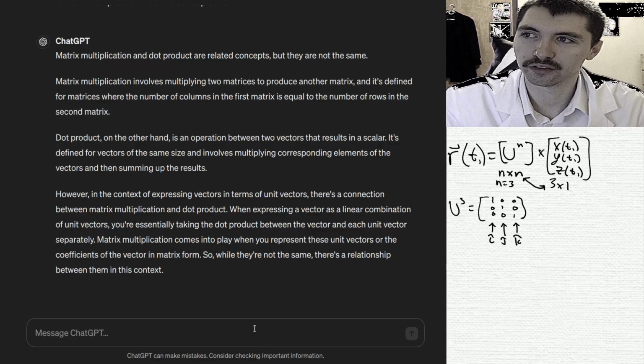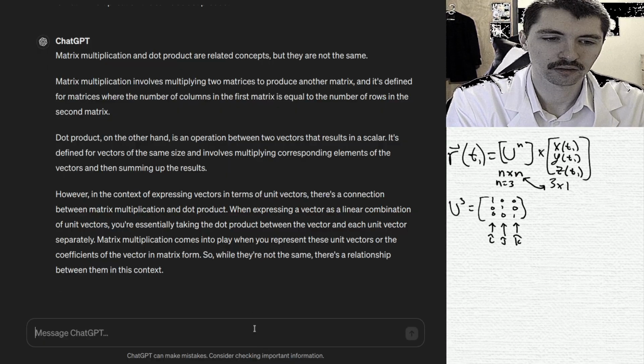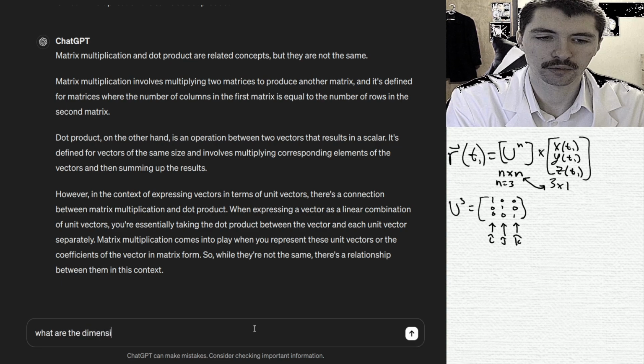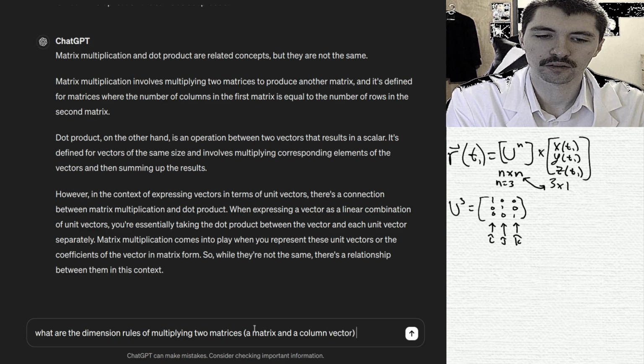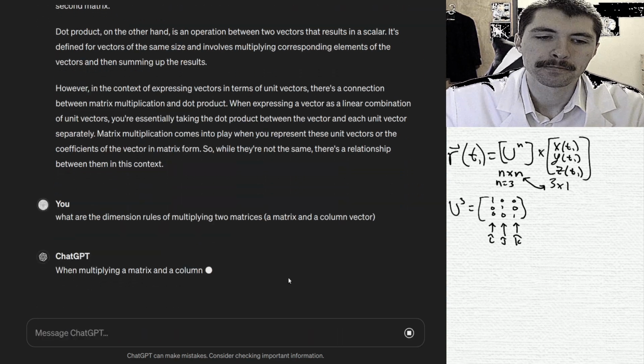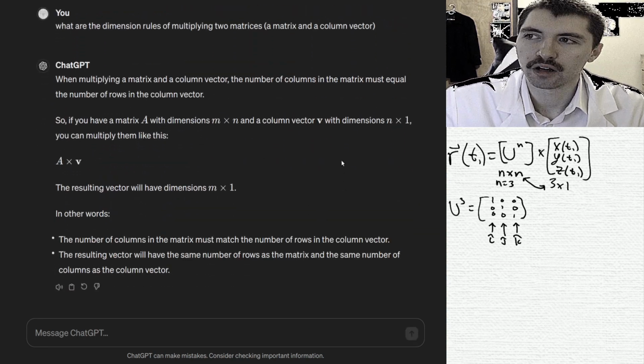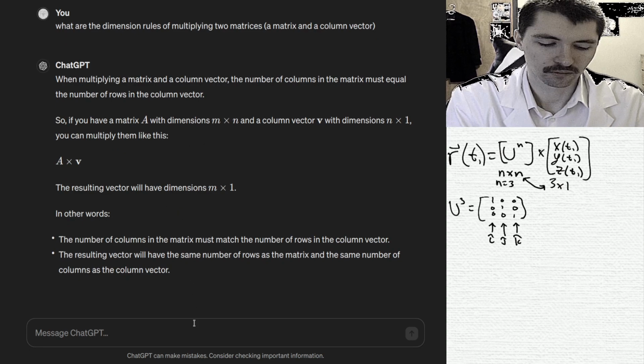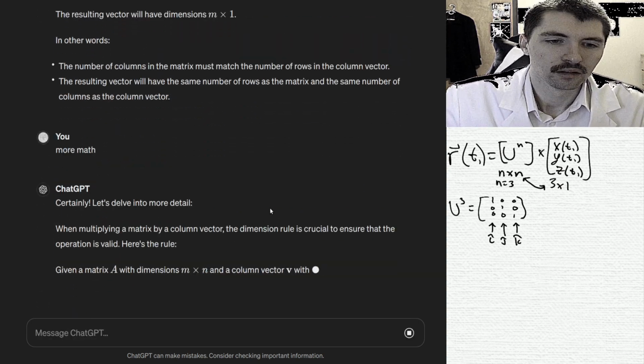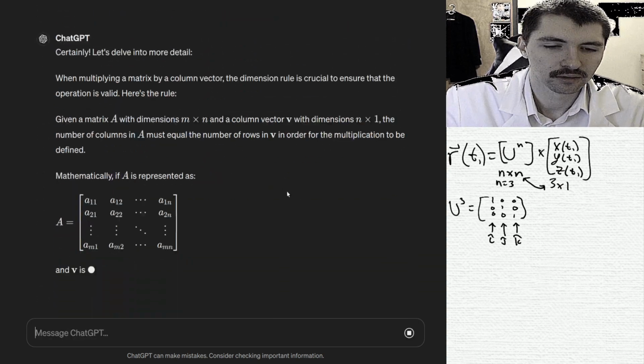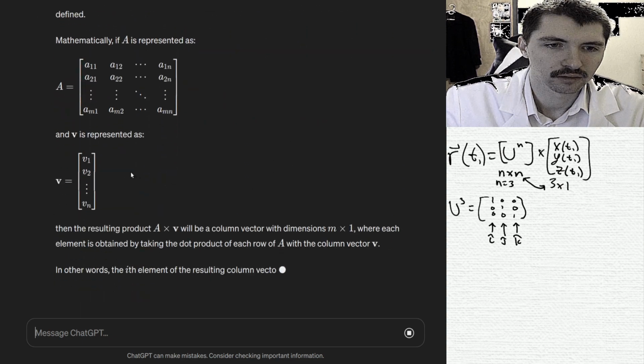And I will verify it for you. What are the dimension rules of multiplying two matrices? The number of columns is equal to the number of rows. Okay.